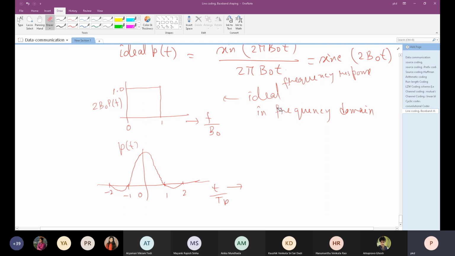So, ideal frequency response corresponding to PT.